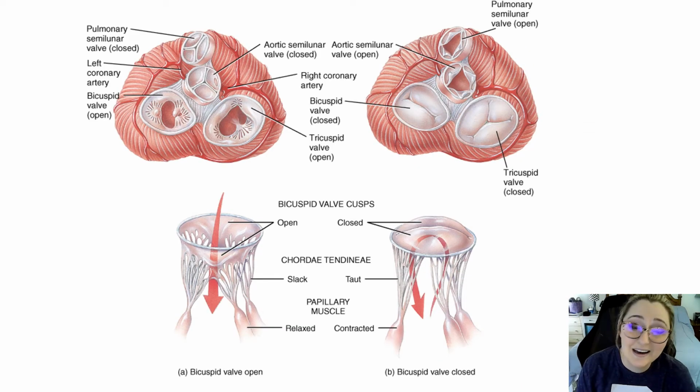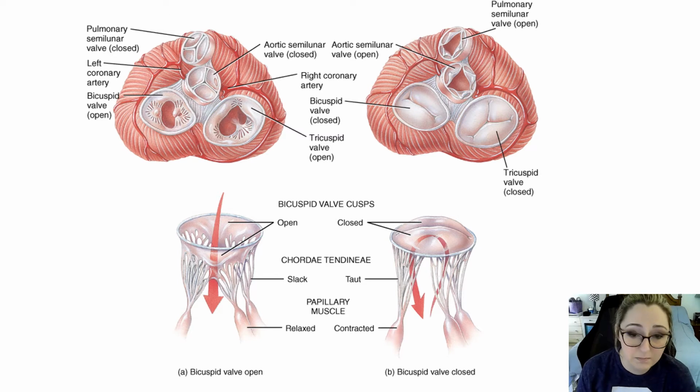And again, another graphic showing that superior view of the valves opening and closing. Do make a note here on this slide that when the atrioventricular valves are open, the semilunar valves are closed, and vice versa. You can't have everything be open at the same time. Blood wouldn't flow through.